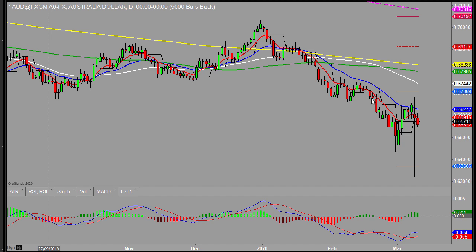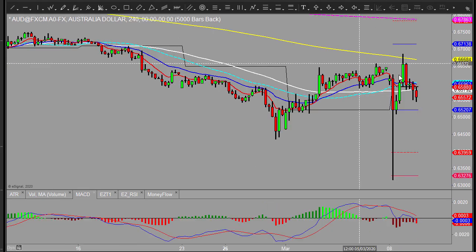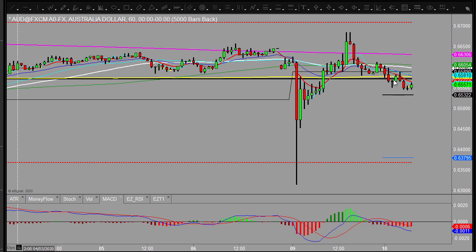Okay, Aussie dollar. Spiky price action yesterday, and we could see that it looks to me like it's almost got a continuation of that move, pushing through now, but lower highs, lower lows through there, a bit messy.